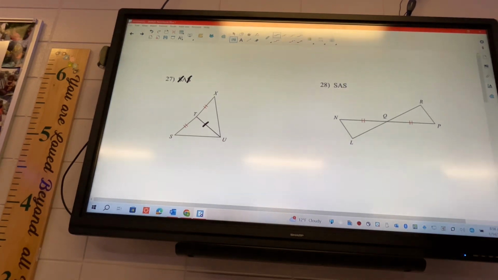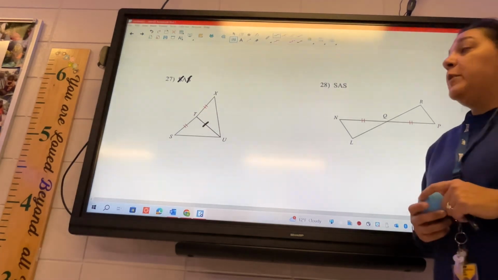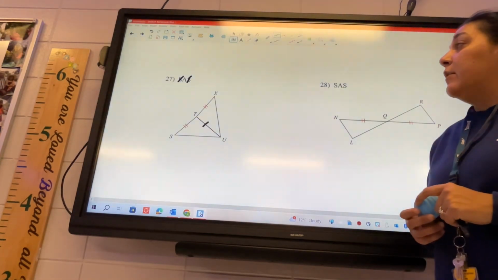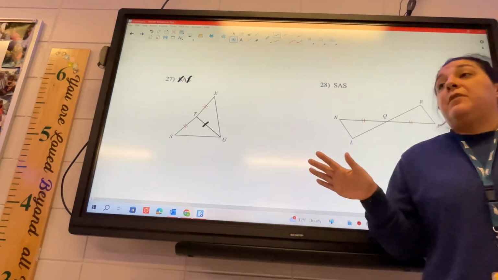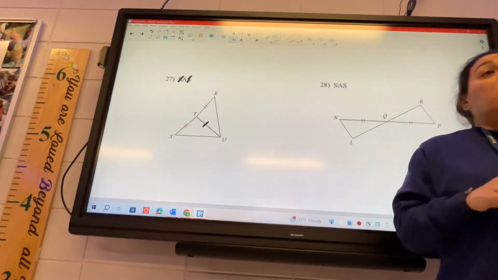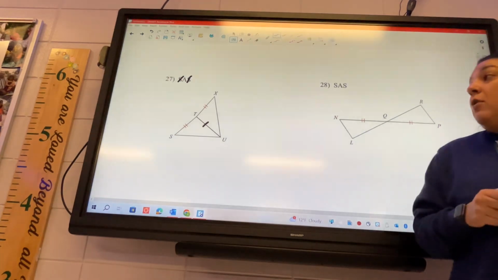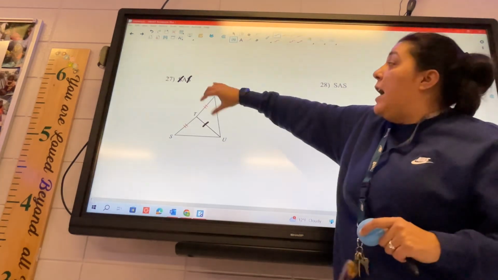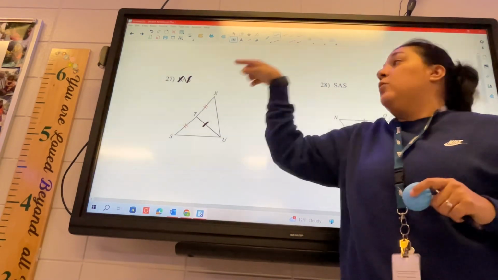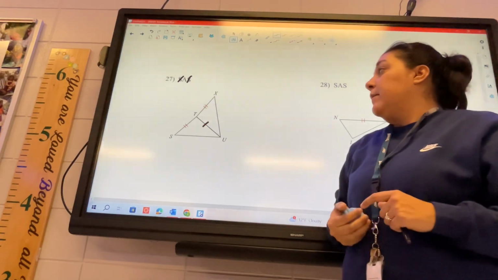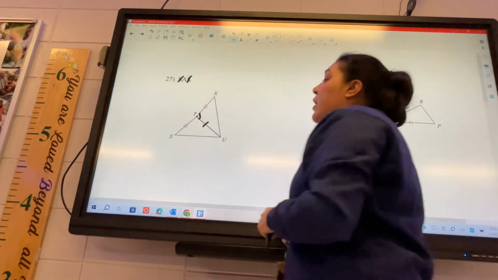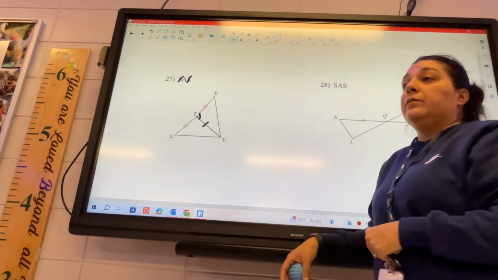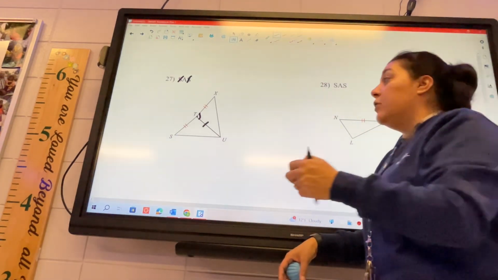Feel like everybody's saying different stuff. X and T. Well, do we need to mark a side or an angle? Let's all agree on that first. We need to mark an angle. Okay, so an angle is only one letter. So on this top one, I need it to go side, angle, side. So where does it get marked here? At T. Okay, so side, angle, side. What about on the other triangle? Also T. Okay.